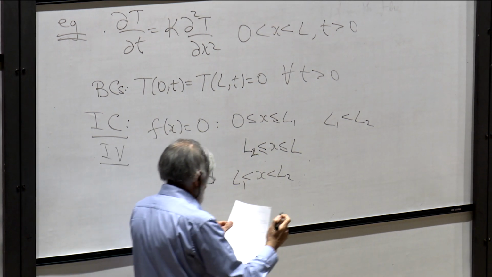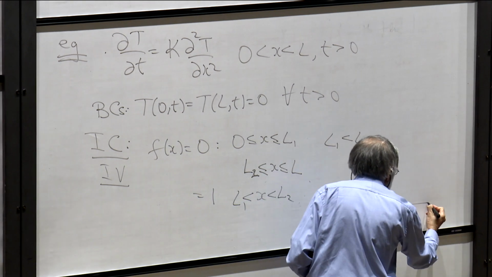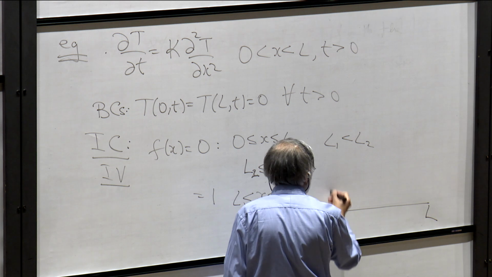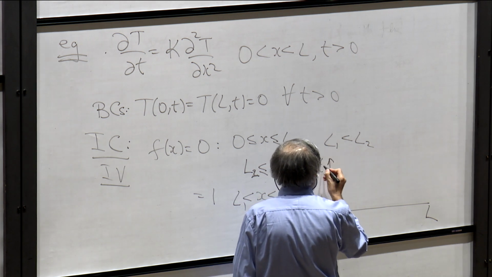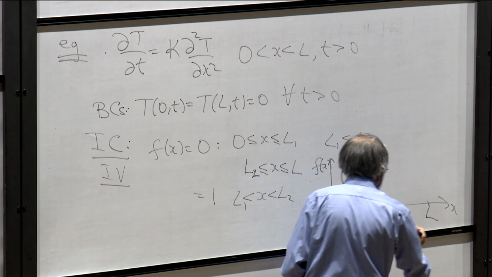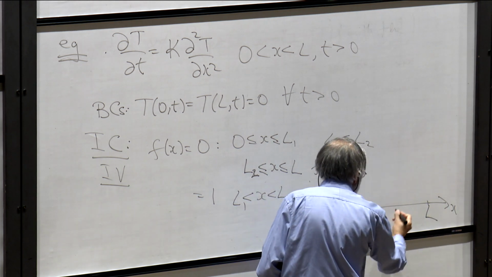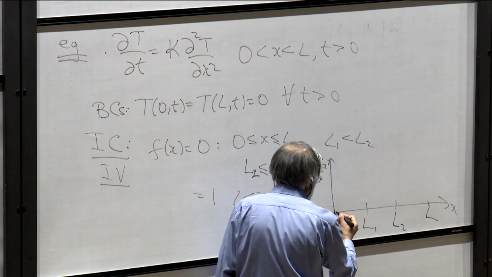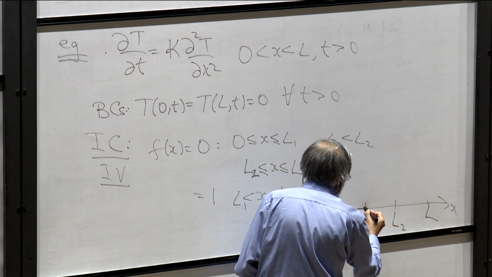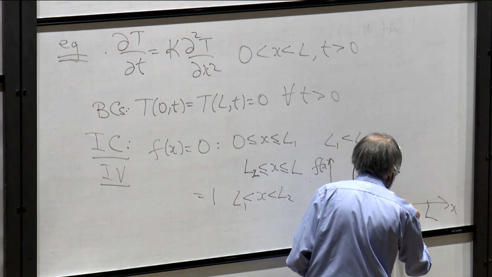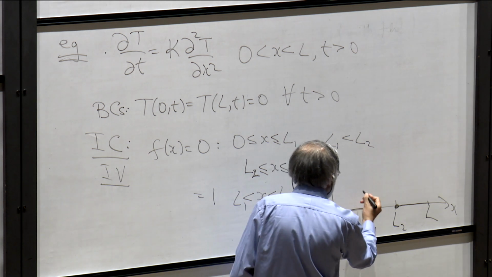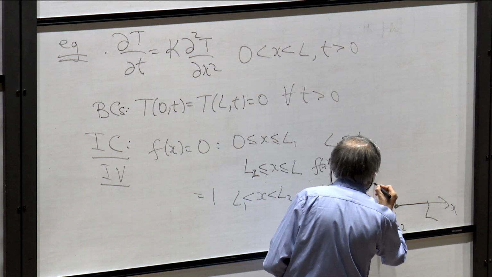Okay? So in other words, if this is 0 and L, then f of x is going to be 0, except if you're in this region. So 0 to there, and then it's 1 here.